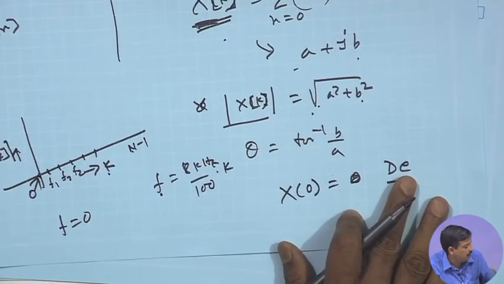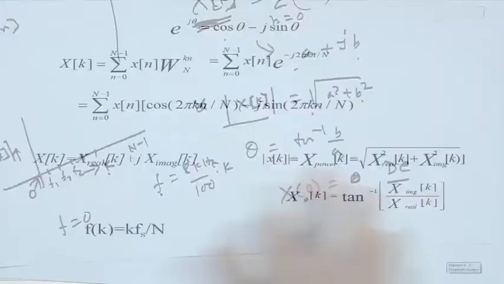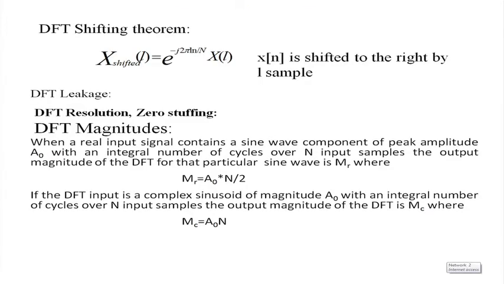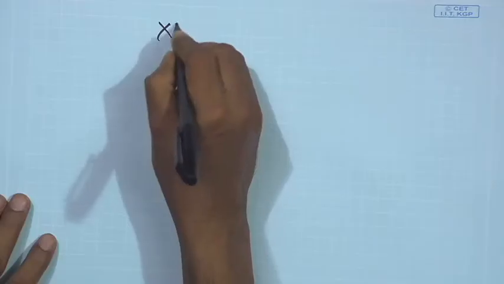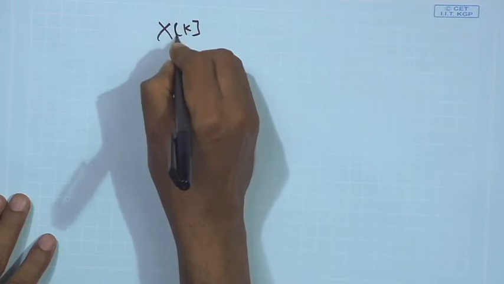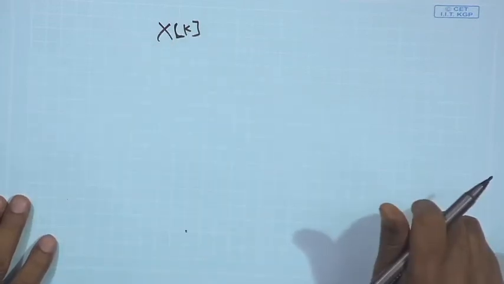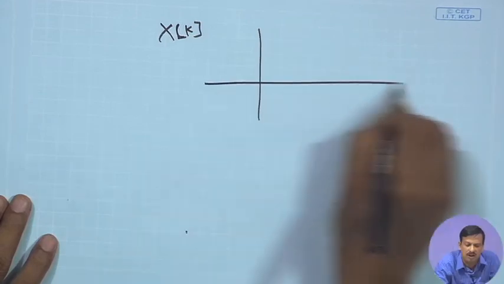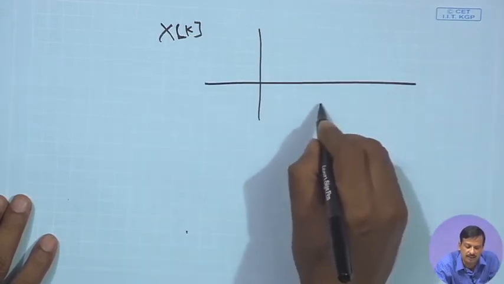Okay. Now, there is another property, I am not describing this one again. The symmetry property is there. DFT output X[k] obeys the symmetry property. That means, if I draw X[k] here, this is my k axis.